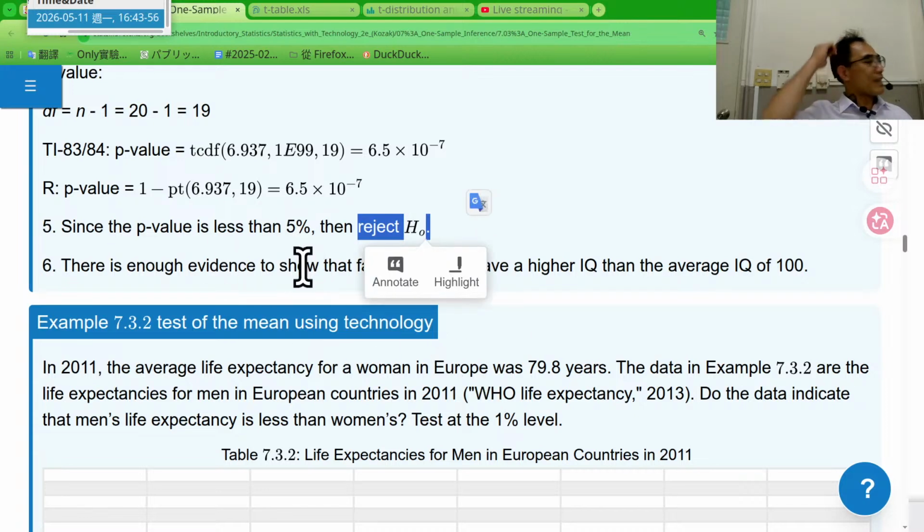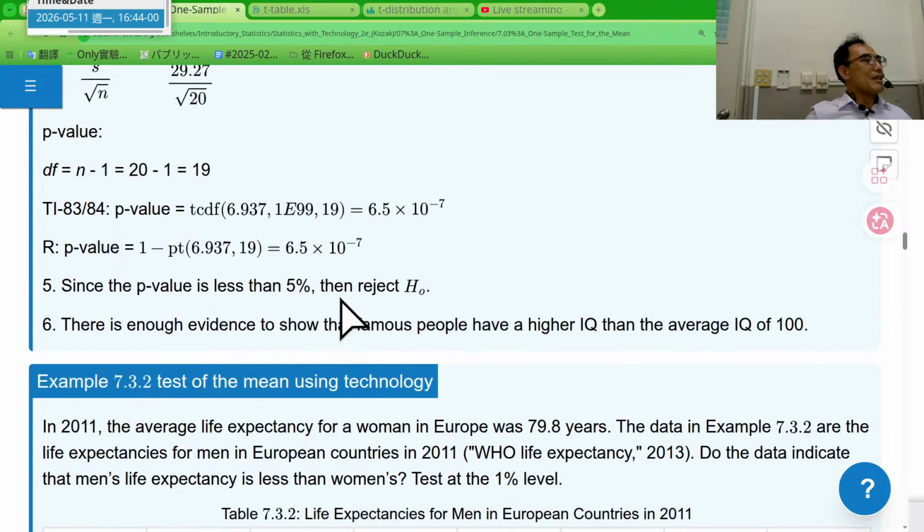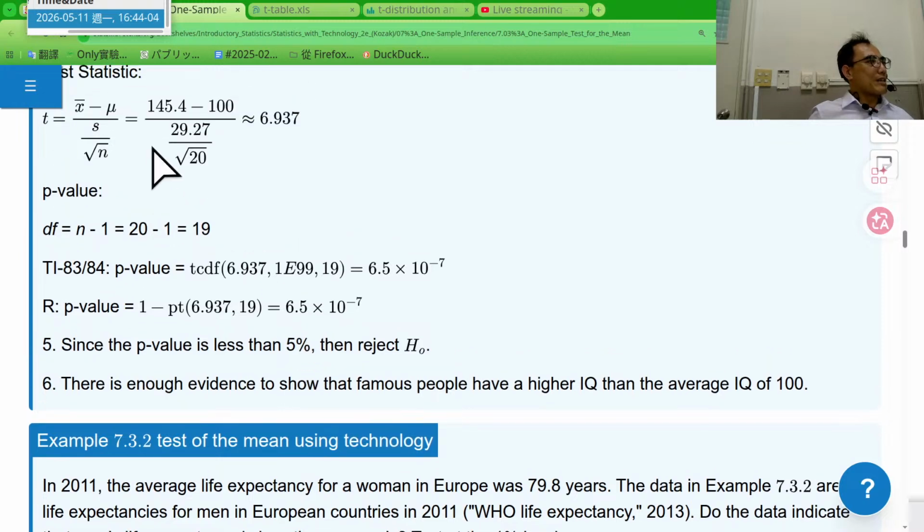Because in our calculation, the score 6.9 is very great, like here. Is it okay?